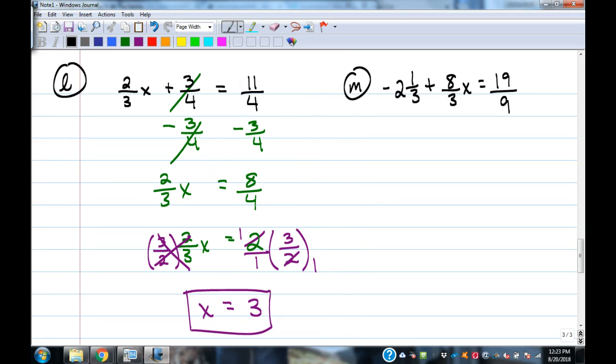Well, what do we do before we do anything else? We need to change that next number to an improper fraction before we do anything. Okay? So negative 2 1/3, we need to change that to an improper fraction. So what's that turn into? Negative 7/3.